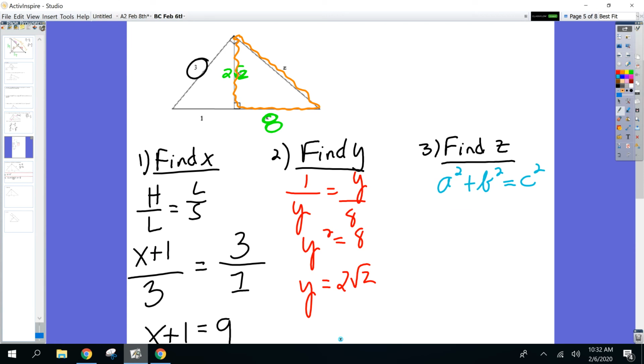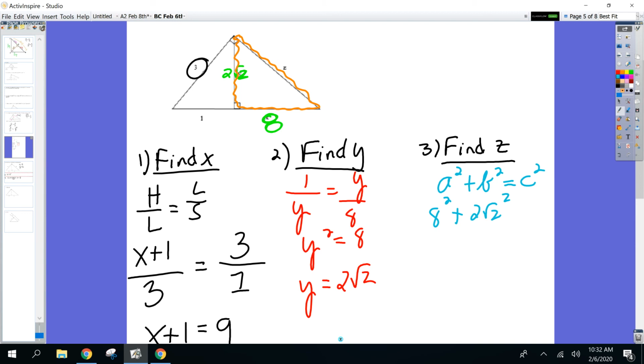Okay, everyone ready? 8 squared. Here's why I wanted to do the problem with you. You plug that in your calculator, you're going to get the wrong answer. When you put it in your calculator like that, what are you squaring? Just radical 2. Is that the side?